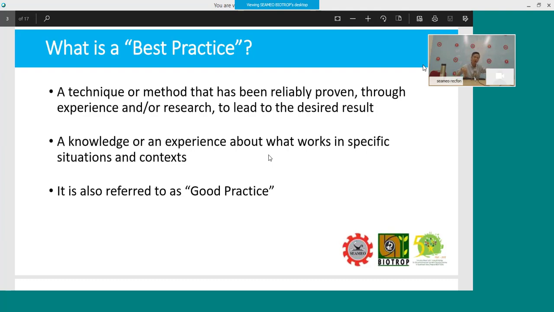So whatever suits your condition, and if that practice also provides you the right result that you expect, then you can call that a best practice. Sometimes some people don't like to call it a best practice, but only a good practice. So these are the definitions of what best practice is all about. Let's move on to the next topic. Next slide.